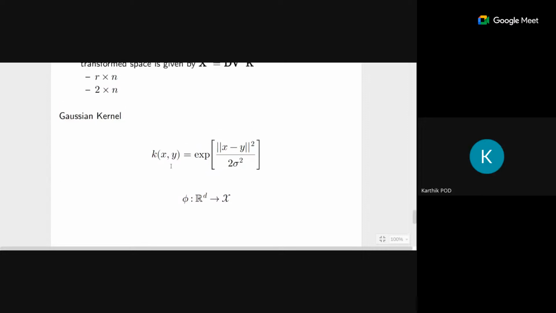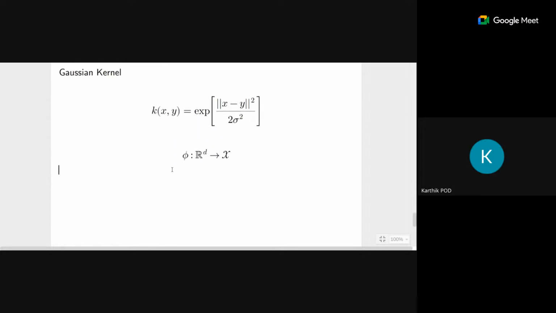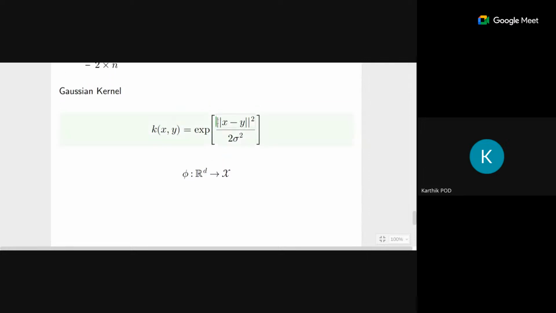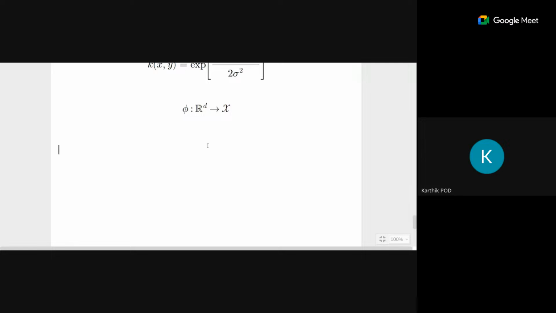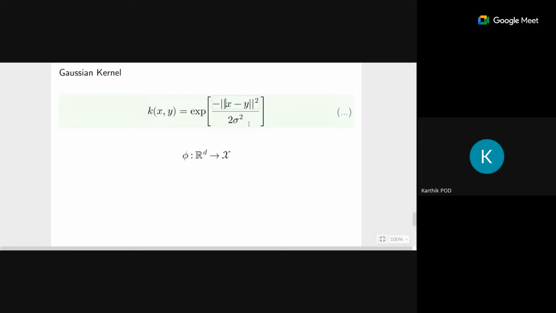So the idea of dot products in kernels, right? Maybe a quick word on that. The reason these dot products are coming in is because they help you measure the similarity between two data points. The Gaussian kernel has a negative sign in the exponent. Some quick intuition: we can plot the Gaussian kernel, but even without plotting you should be able to understand. When x is close to y, what is the value of k of x comma y? 1.